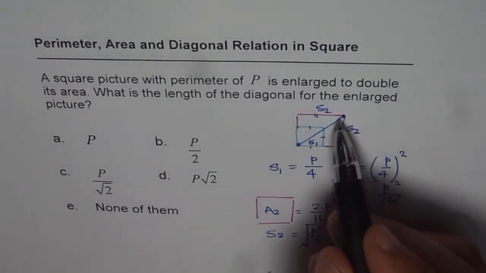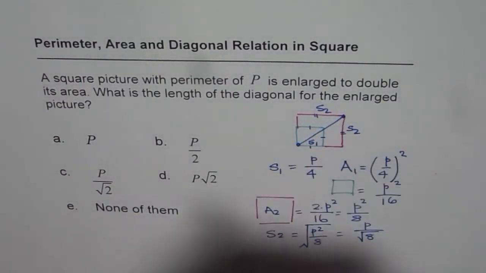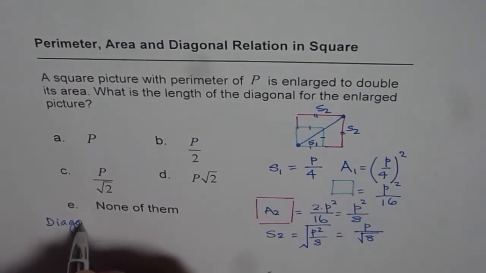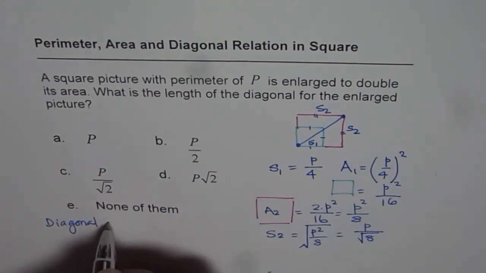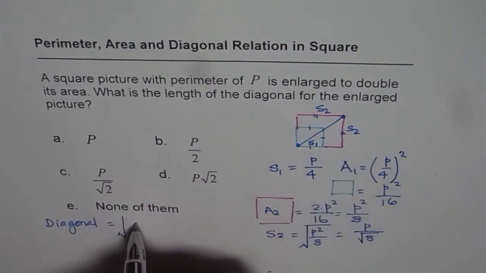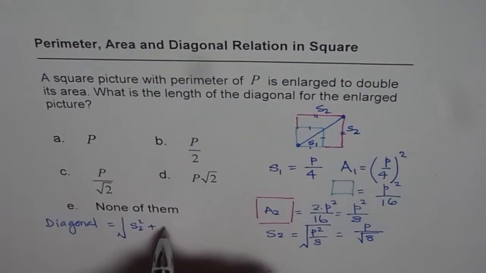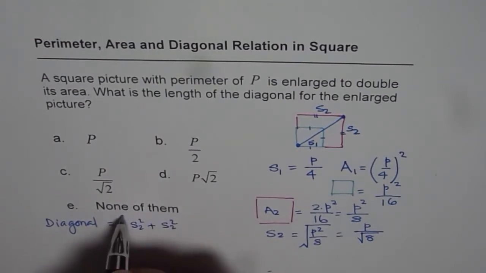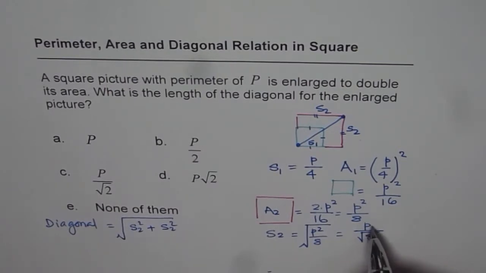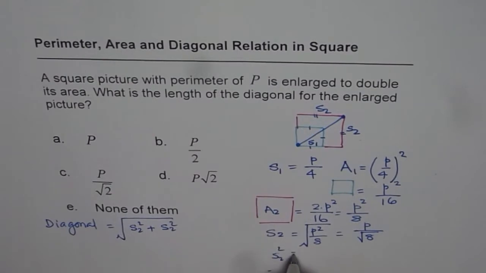Now we need to find the diagonal. So diagonal of the big square is equal to square root of S2 square plus S2 square, correct? S2 square is P square over 8. So let's add them.